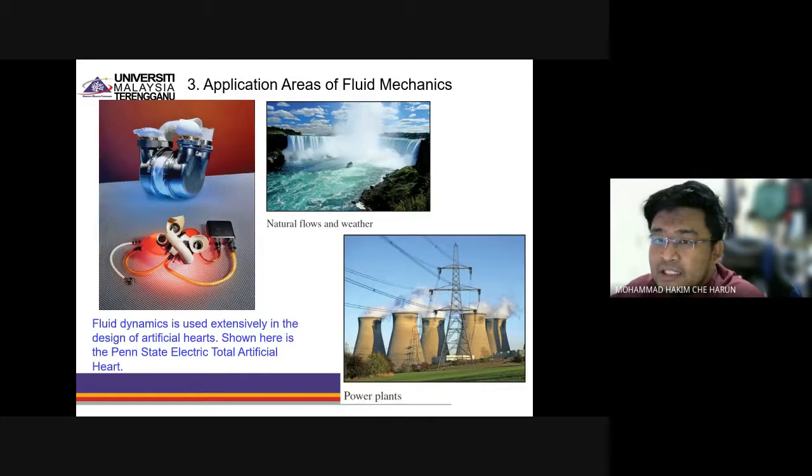As you can see here, I just put a simple fancy photo for you to look around: power plants, natural flows. If we don't study fluid mechanics, it's going to cost you a flash flood. Somebody born without a proper and perfect lung or heart is going to suffer, or we may not even have electricity, because the power plants that we operate wouldn't have any information on fluid mechanics.